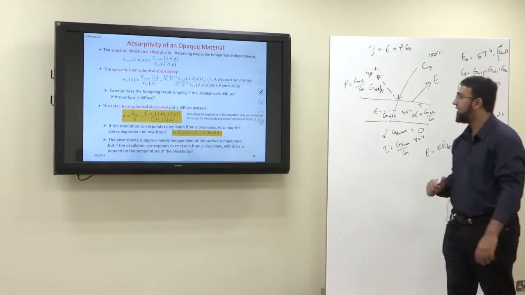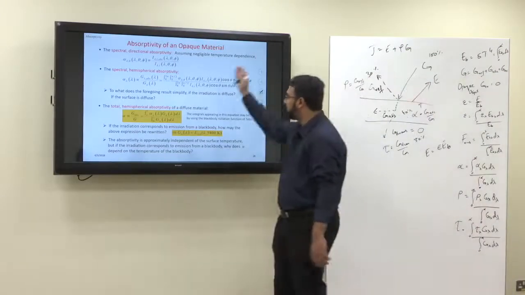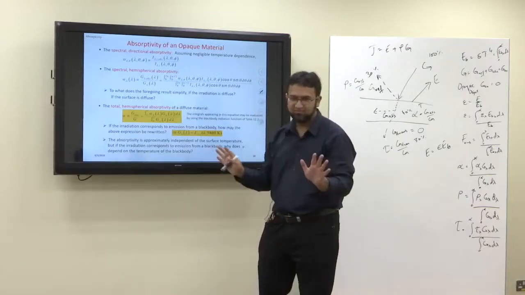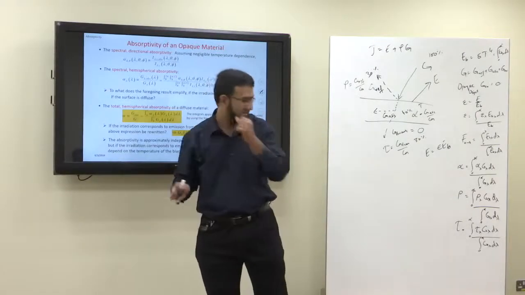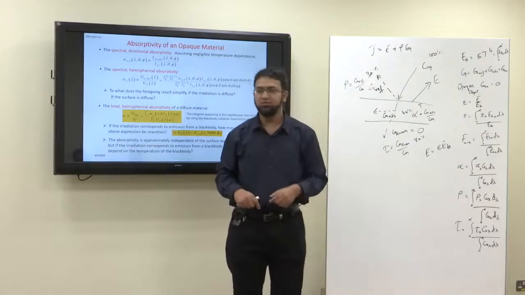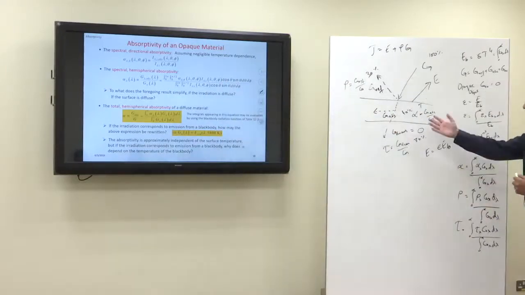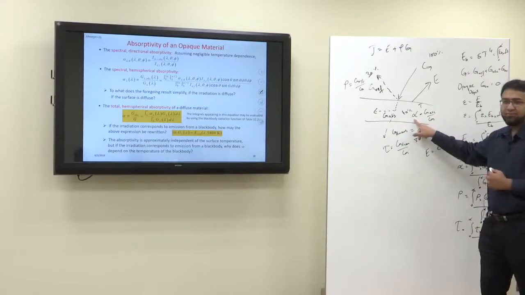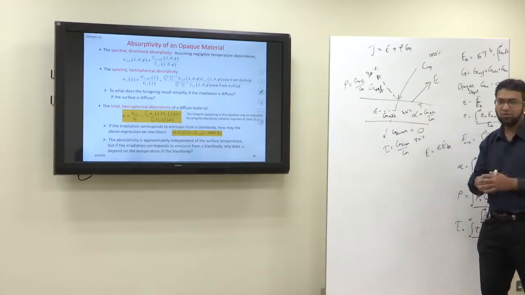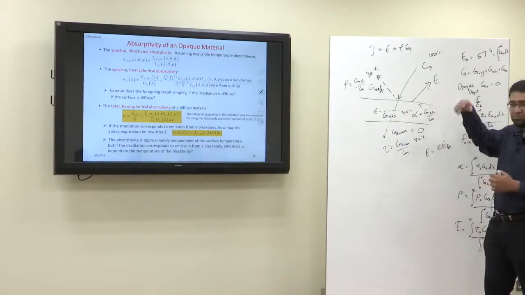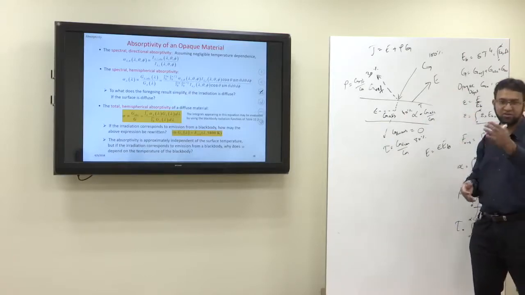Absorptivity of an opaque material. Anyways, nothing is important in that sense. These formulas are important. So absorptivity, as I told you, is alpha, the ratio of the amount of energy absorbed to the total irradiation.